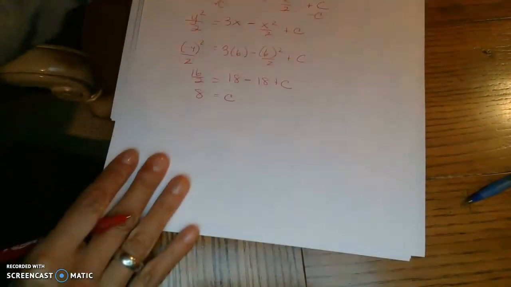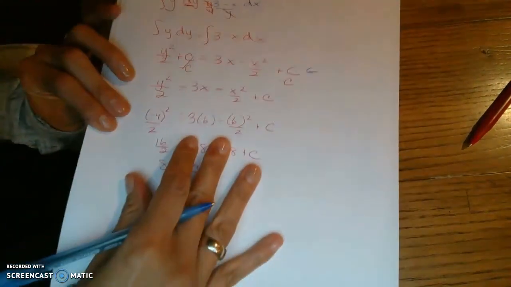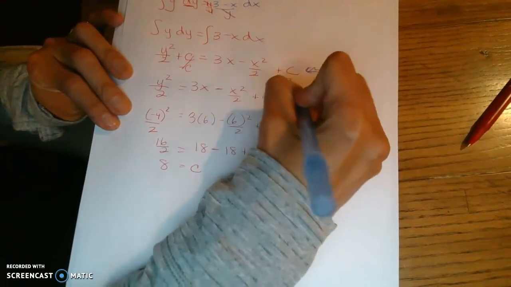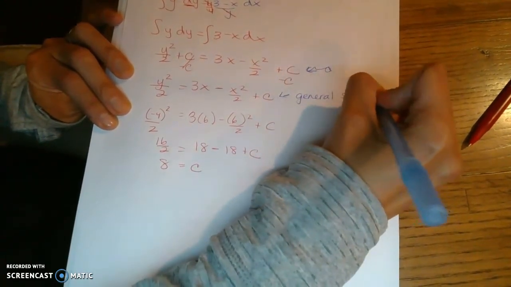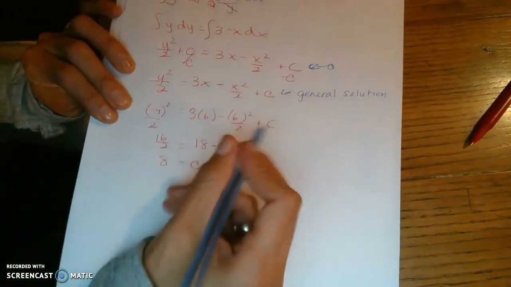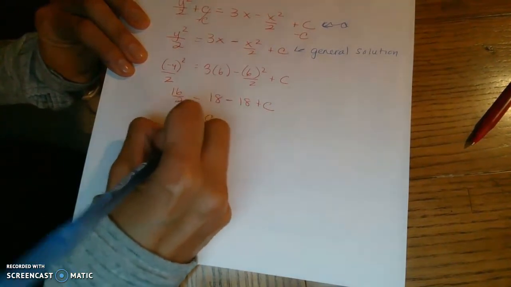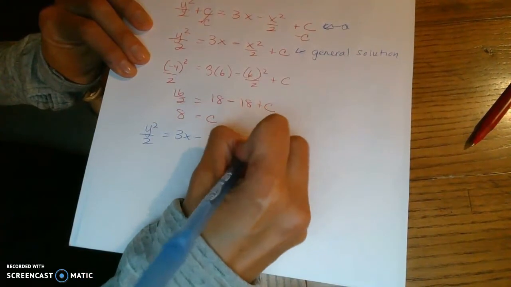So I go back to what I call the general solution right up here. That's my general solution. Once I find my C value, I go back there and I go y squared over 2 is equal to 3x minus x squared over 2 plus 8.